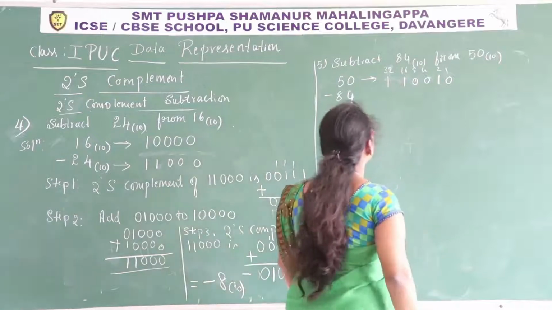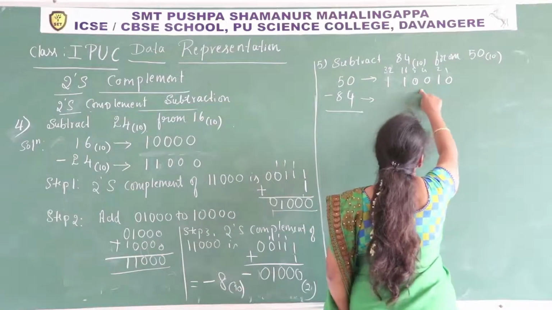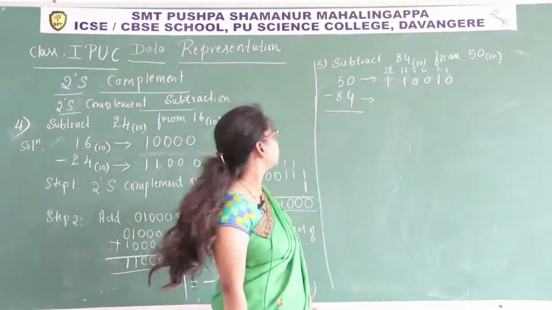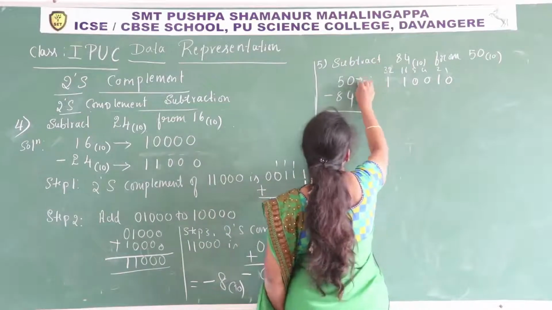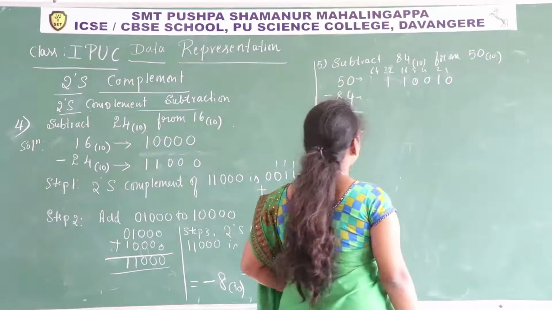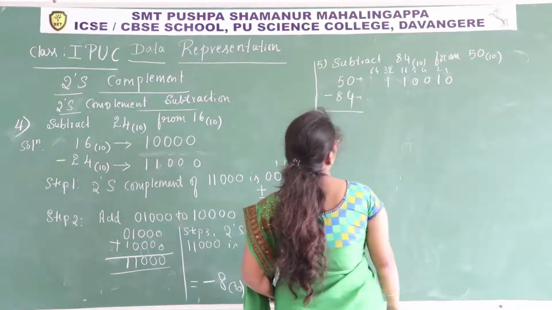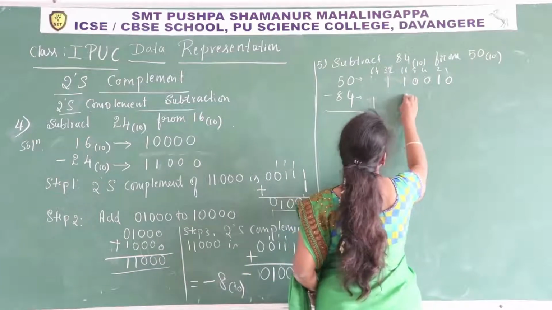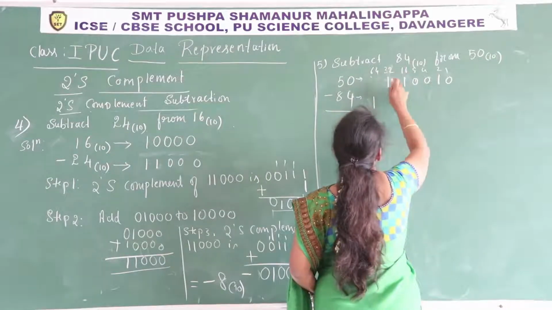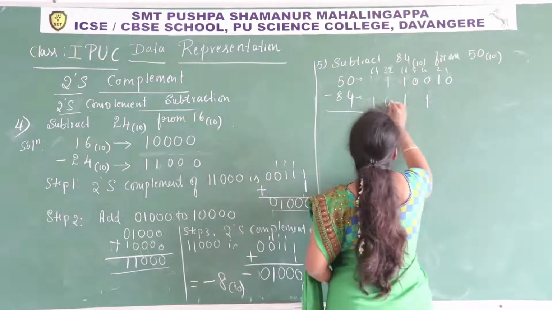Here 84. 32 plus 16 is 48, 48 plus 8 is 56, then 56 plus 4 is 60, 62, 63, but we still won't get 84, so we have to move to another bit, 64. 64 plus 16 is 80, and 80 plus 4 is 84. So 1 0 1 0 1 0 0.